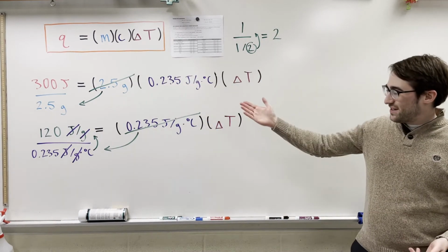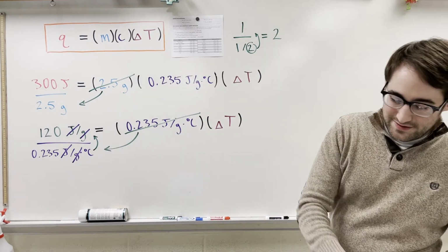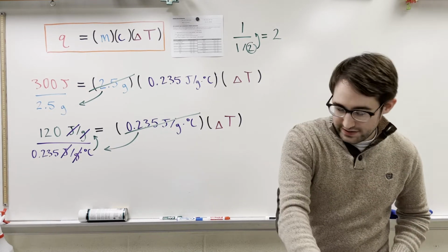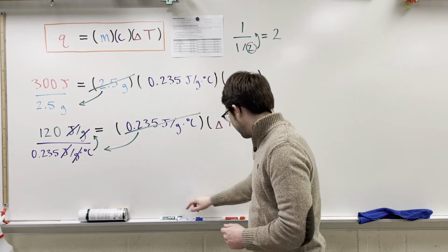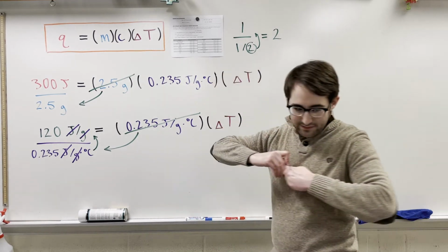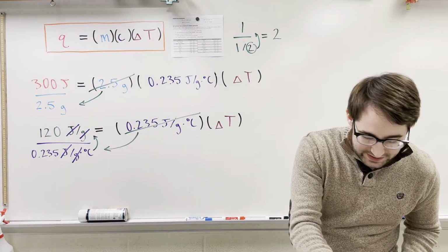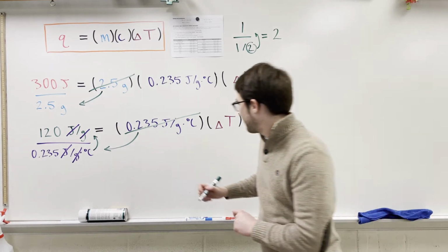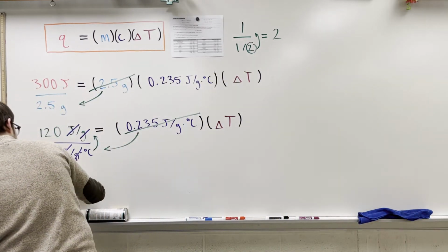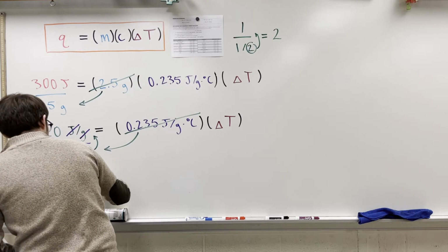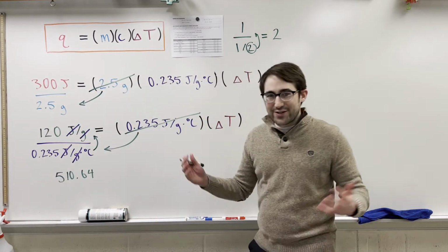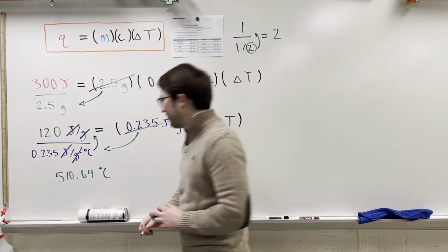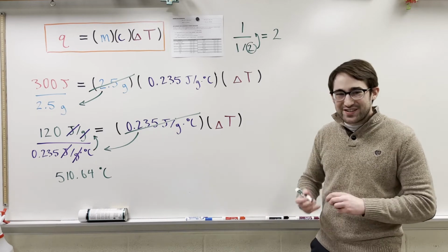So I'm going to take 120 divided by 0.235, and I get about 510.64-ish. And the last remaining unit is degrees Celsius, which is great because I'm looking for the change in temperature.